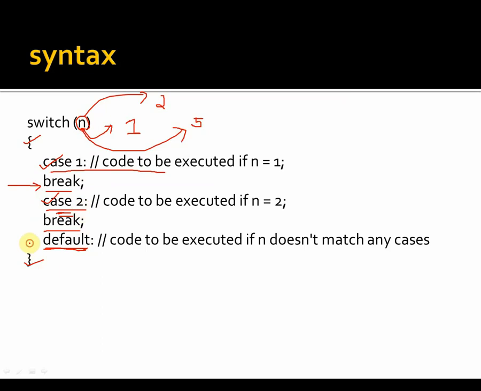So what will happen? The default case will be executed. Also, suppose n takes a value of 3. There is no case 3 in this example, hence again the default case will be executed. So depending on this particular value, you will determine which case is to be executed.